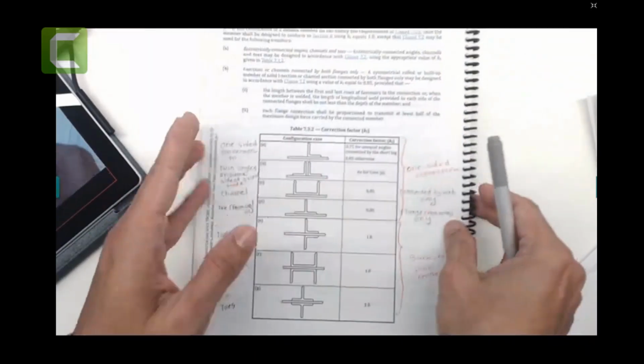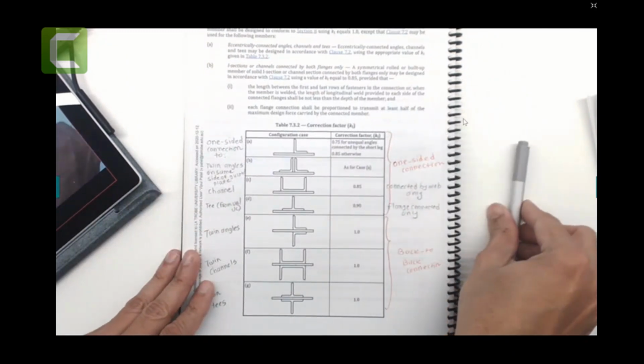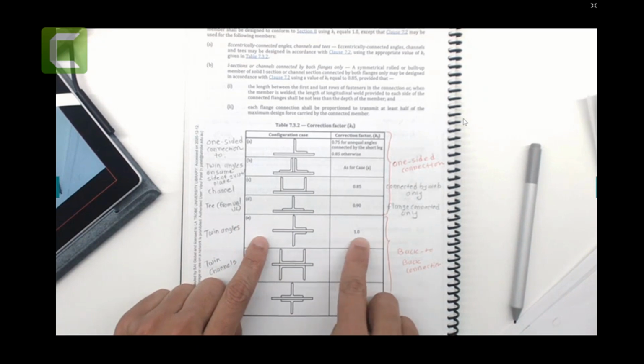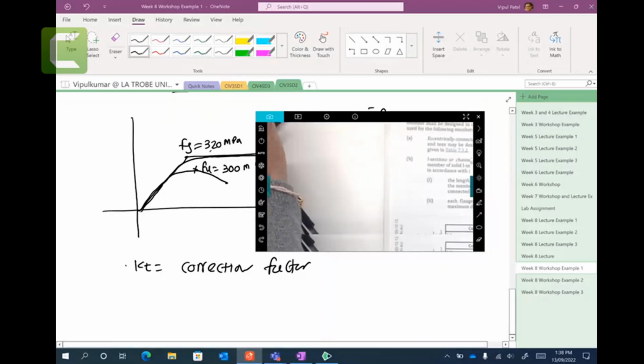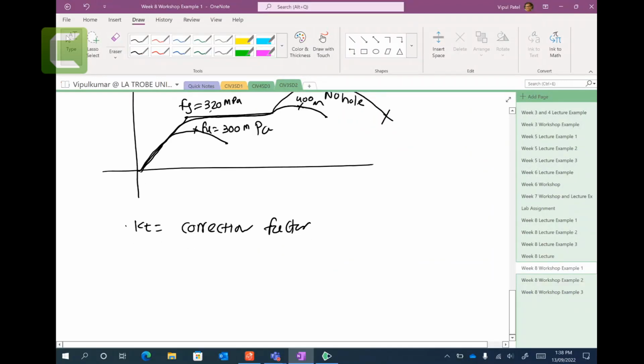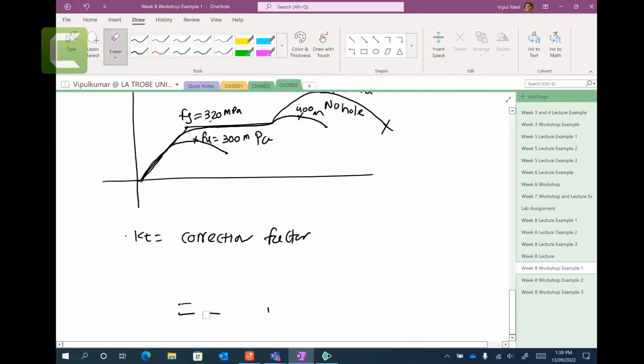Now in these tables, let's look at this one. Probably in the lectures we use this one. You remember that in the lectures we use KT equal to 1 because we have these configurations.